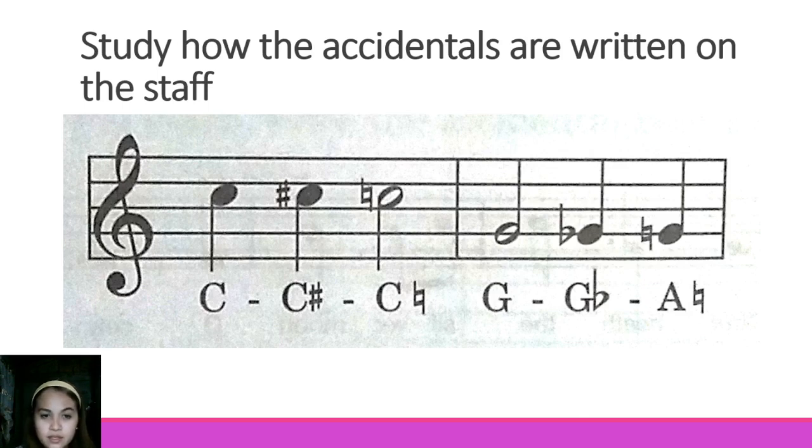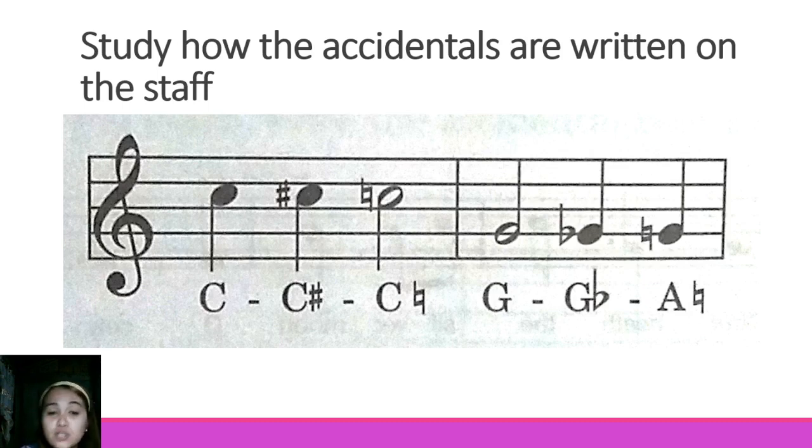We have C, C sharp, C natural, G, G flat, and A natural. How do we know the notes in the first measure? We have two measures in the staff, right? And what is the time signature? 1, 2, 3, 4, 4 time signature.